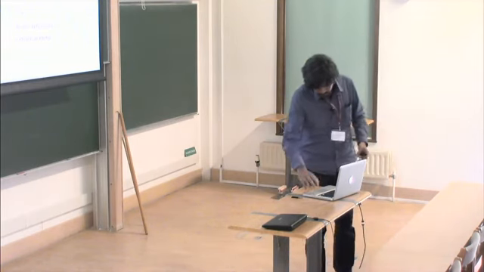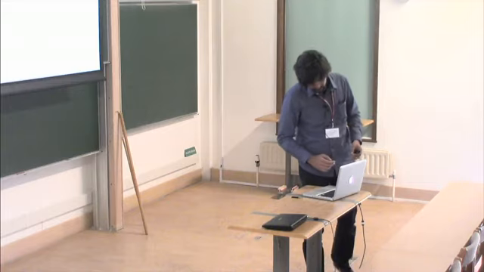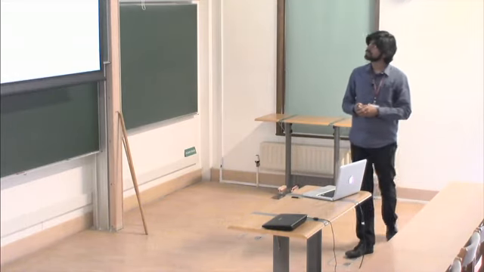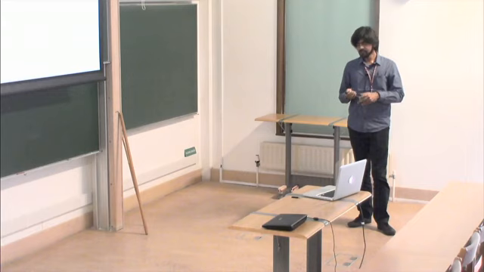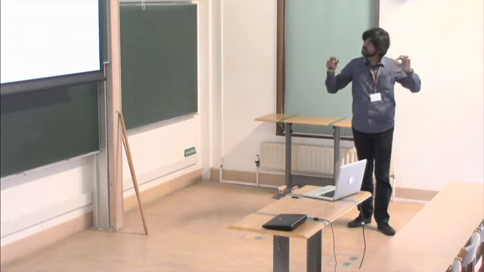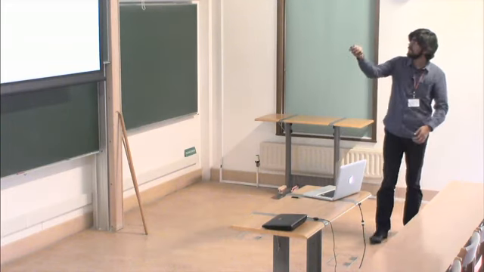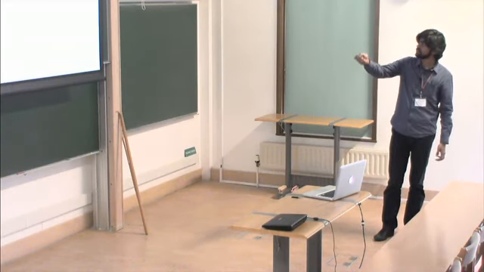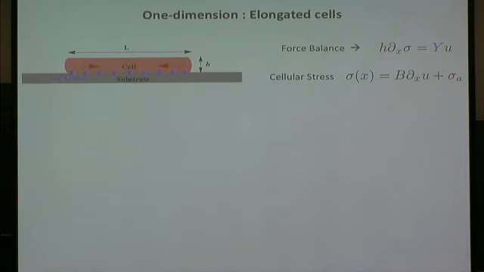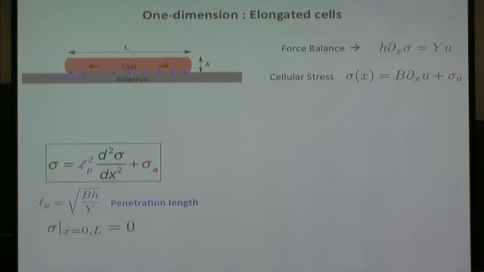Now, to get a feeling of what the equation does, we'll take a very simple case of a one-dimensional cell. These are relevant for elongated neuronal cells, where I can turn this local force balance equation into a closed differential equation for the stress, and I get a length scale out of the problem, which I call the penetration depth, that depends on the ratio of the cellular elastic modulus B and the substrate rigidity.